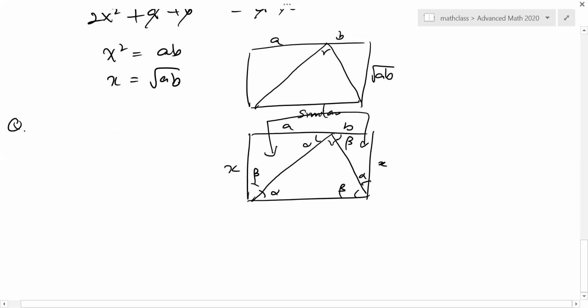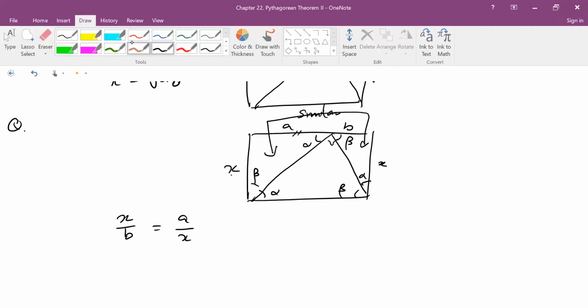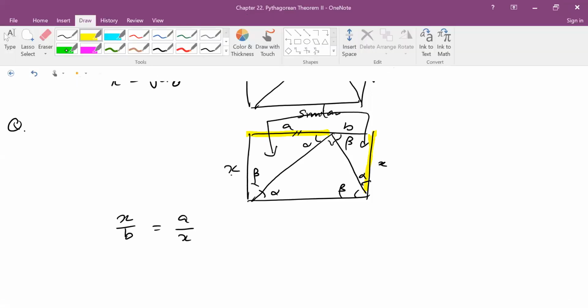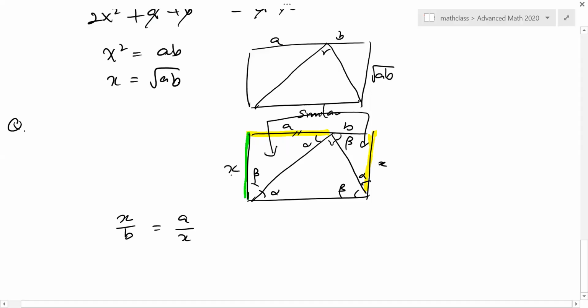Similar means the ratio of the corresponding sides will be the same. So x over b equals a over x. Clear? Let me mark it in color. This side corresponds to this side, and this side corresponds to that side.